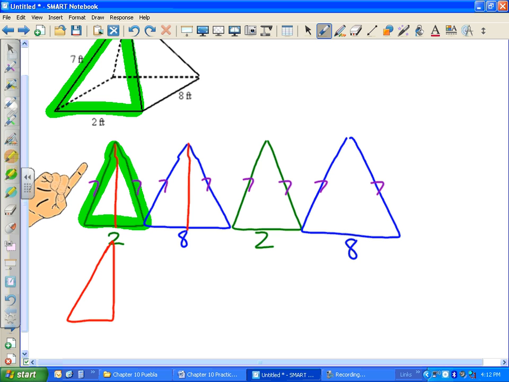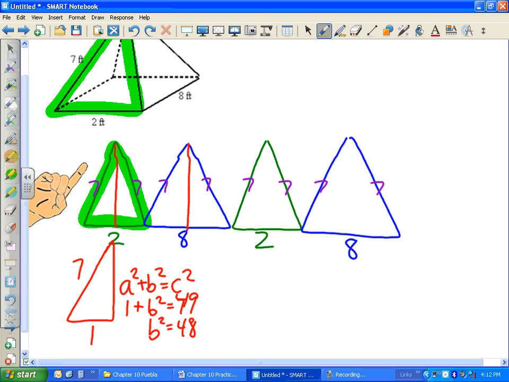And if I chop that in half, that's going to be 1, and that's going to be 7. So I need to do Pythagorean theorem. Let's see, that's going to be 1 plus b squared equals 7 squared, which is 49. Minus 1, b squared equals 48. Okay, so the square root of 48 ends up being 6.9.